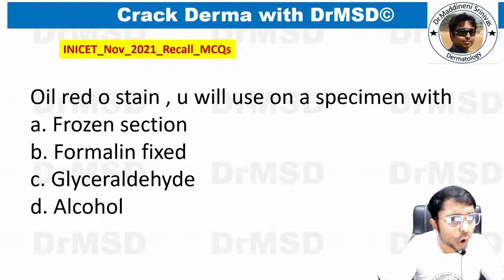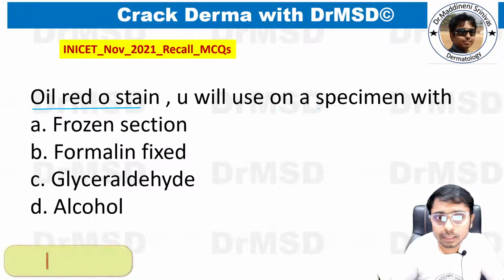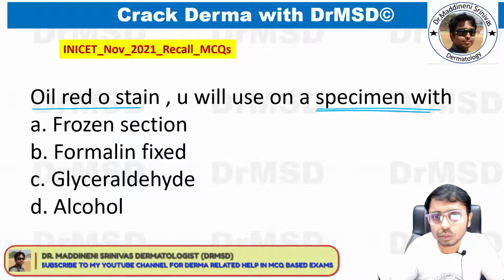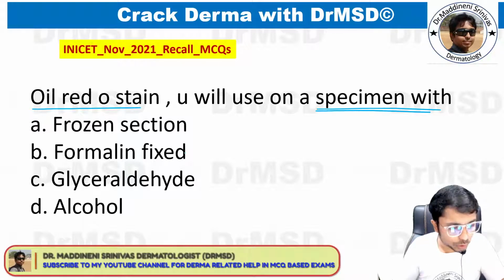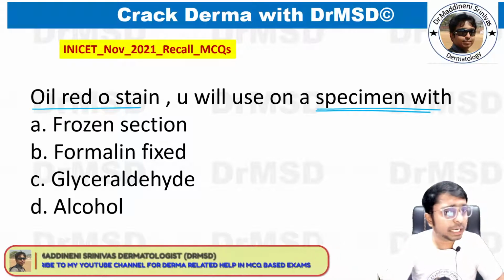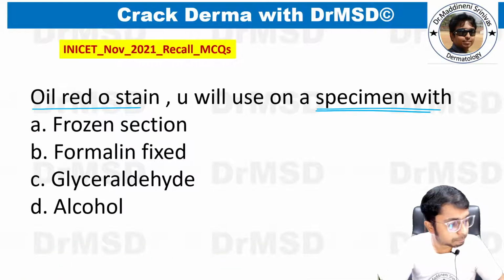And this was the question: oil red O stain you will use on a specimen with. So these were the options which students told me. Yes, what do you think is the answer for this question? Is it frozen section? Is it formaldehyde? Is it glyceraldehyde, or is it alcohol?